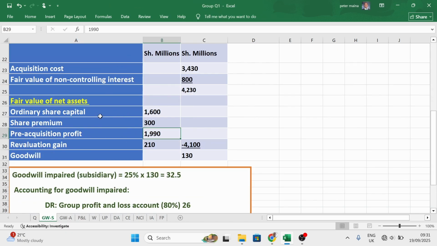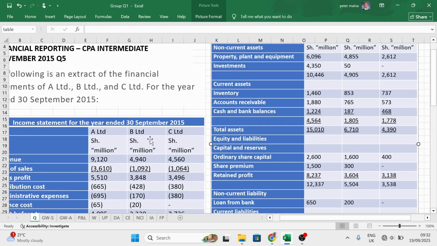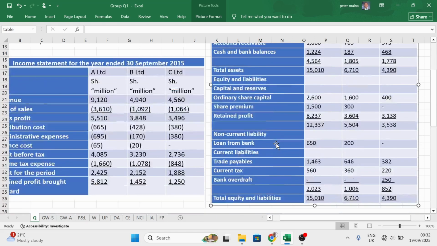So we have taken all items under equity, except for one thing, which is revaluation, because revaluation, although it is an item of equity, it was done as at the time of acquisition, and it was not included in the equity section.